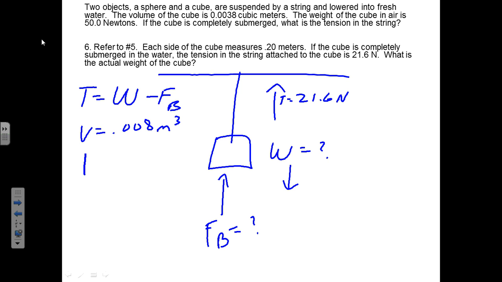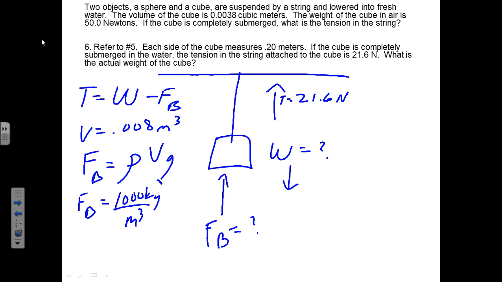So let's find the buoyant force. Remember, buoyant force is equal to density times volume times gravity. Density of water is 1,000 times the volume of the water displaced, 0.008, times g, 9.8.